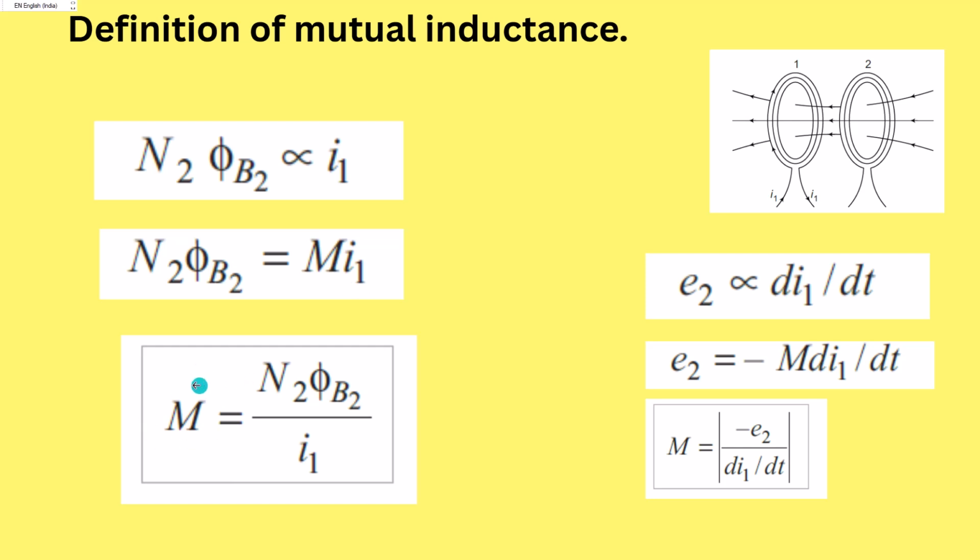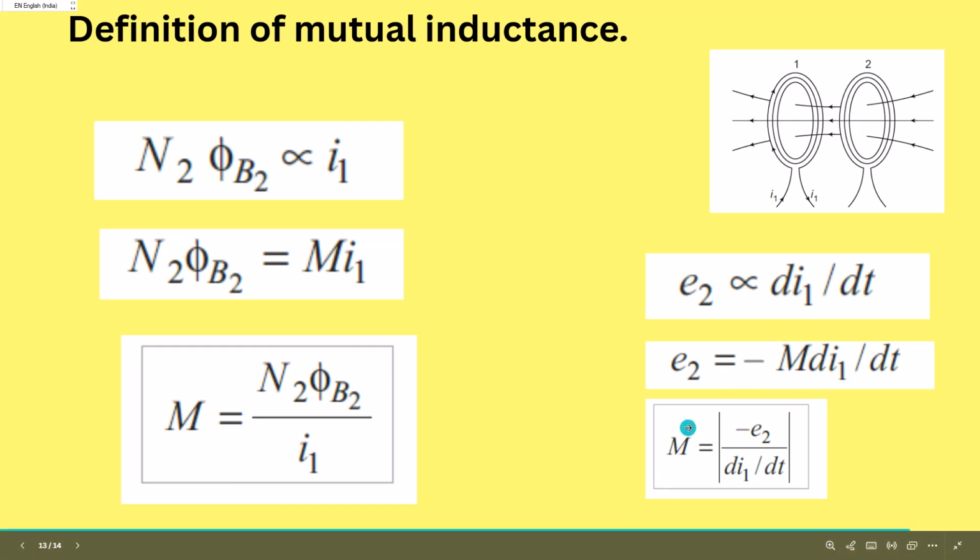So we find M equals N2 phi B2 by I1. Another definition is that the induced EMF E2 is proportional to the change in current in the first coil, and this equals minus M di1/dt. Again we get the same mutual inductance, M equals minus E2 by di1/dt. So it is the induced EMF per unit change of current in coil 1.